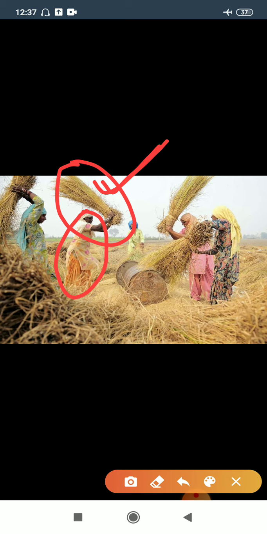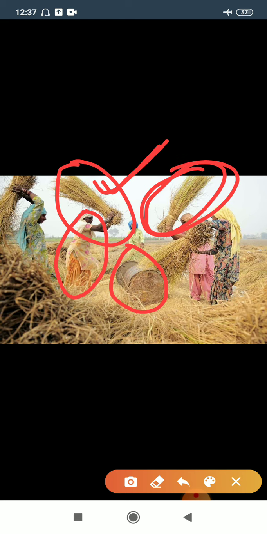You can see here these ladies are beating this husk on this solid platform, so that with the help of the force applied on this husk they easily separate the grains from the husk, to free the grains from it. But these methods were used traditionally. Nowadays different types of machinery like threshers are used to do this work.